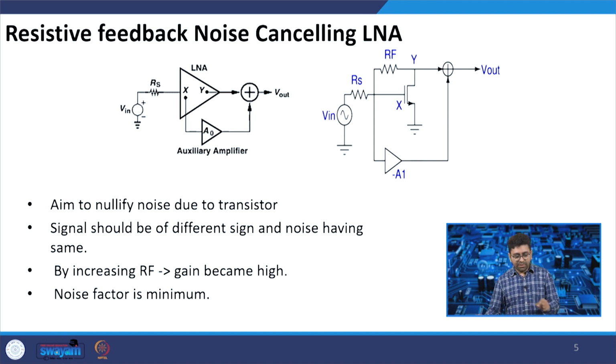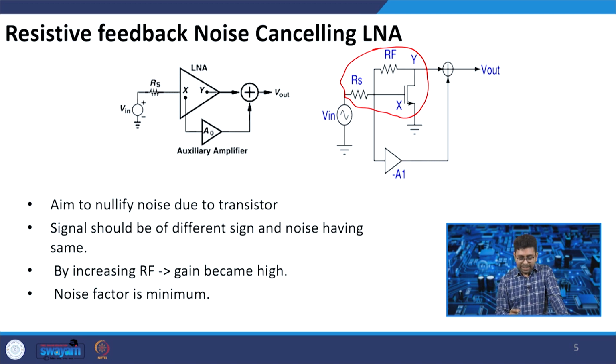We can also have a resistive feedback noise cancelling LNA. While designing a resistive feedback noise cancelling LNA, we have already discussed this LNA. Now, if we can make in our circuit two nodes where the noise polarity is the same, but the signal is inverted.